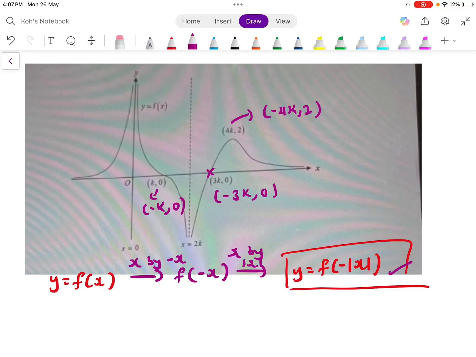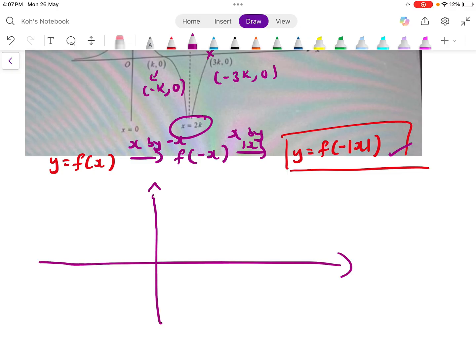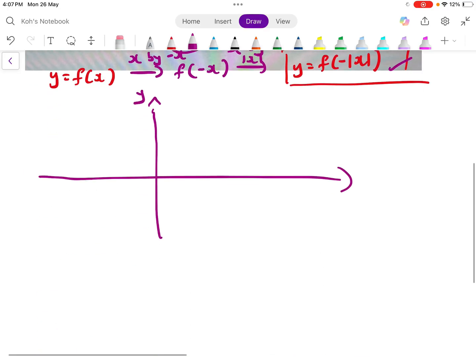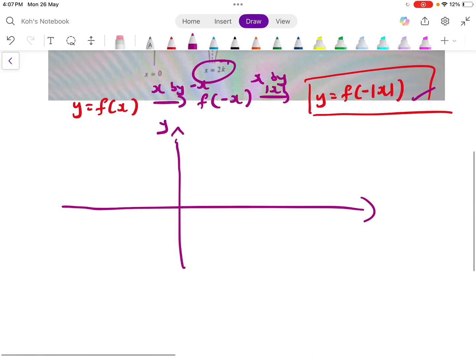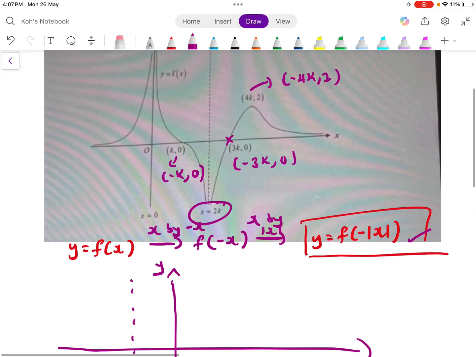Of course, don't forget the asymptote also reflects, because x equal to negative 2k. So first I reflect about the y-axis, which means everything must reflect. I draw the asymptote first, x equal to negative 2k. Then I reflect everything.